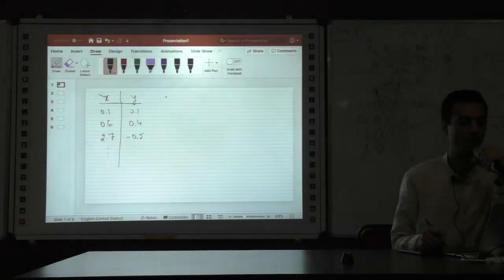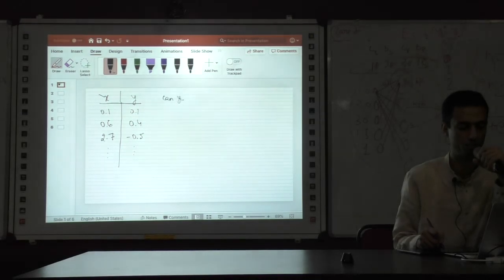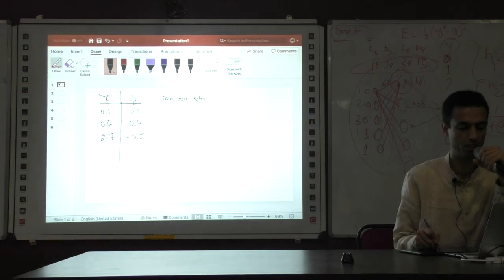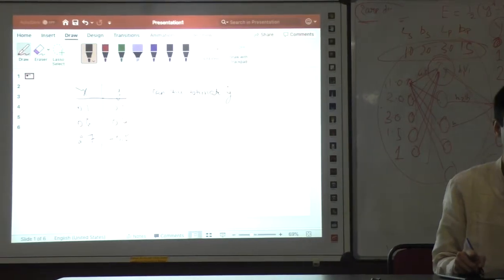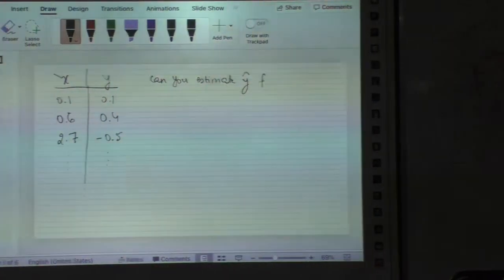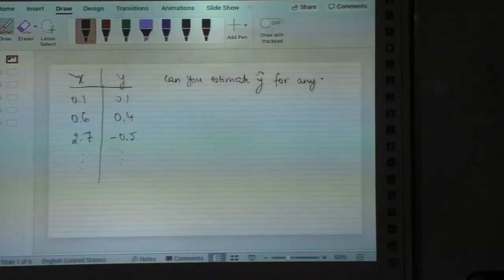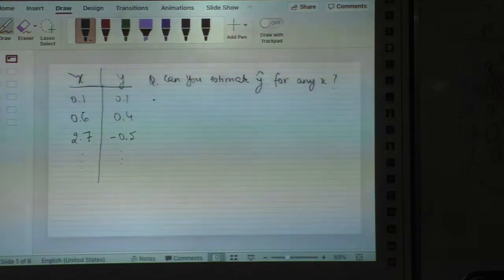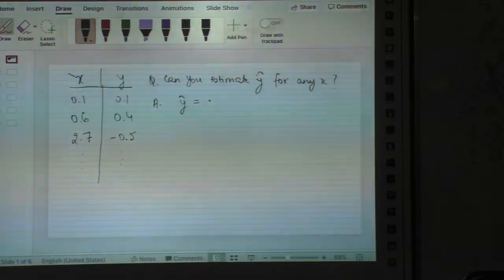And I ask you, can you estimate y hat for any x? So this is my question, and you suggest, okay, I can have a function y hat as a function of x, which is, let's say, w0 plus w1x plus w2x square plus so on up to wd x to the power d, right?